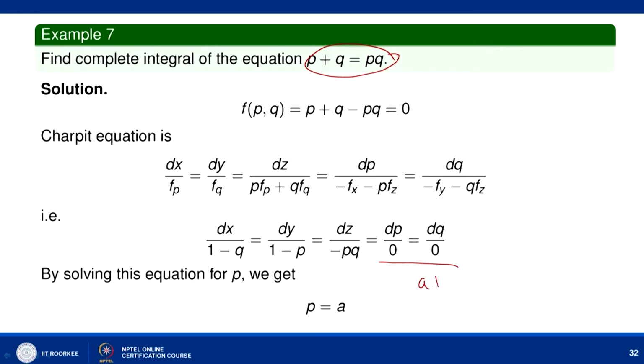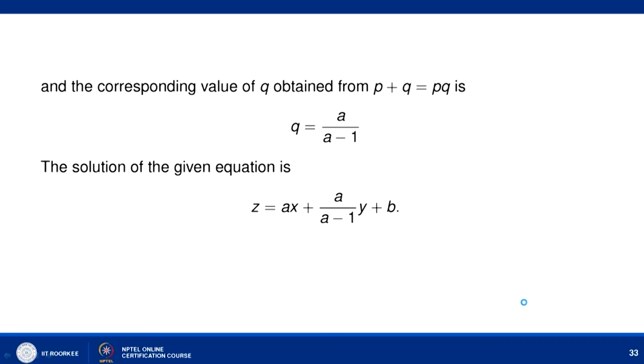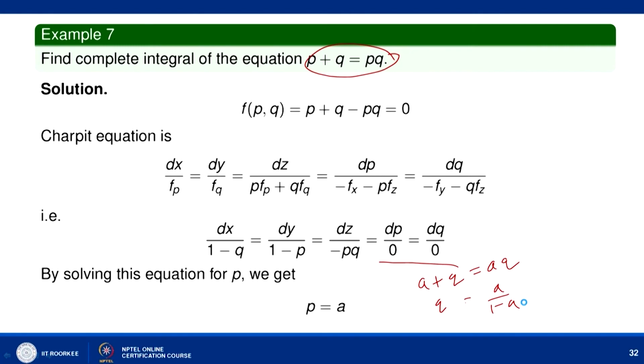So a plus q equal to aq, so q you can find as a upon 1 minus a, right? Or if again you assume p equal to a and q equal to b and simplify, then a plus b equal to ab, so you can find the value of b as a upon 1 minus a.